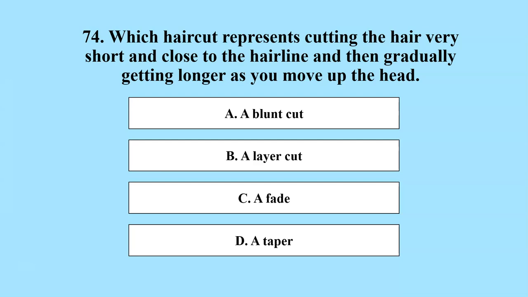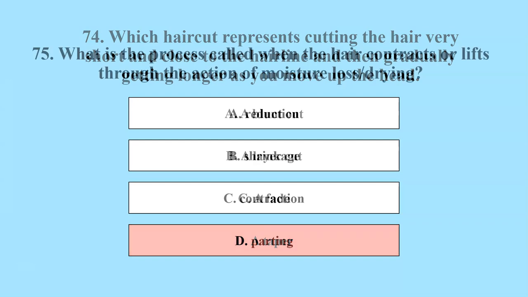Which haircut represents cutting the hair very short and close to the hairline and then gradually getting longer as you move up the head? A blunt cut, a layer cut, a fade, a taper. If you chose D, a taper, you are correct.